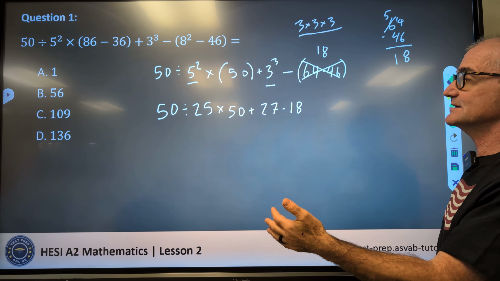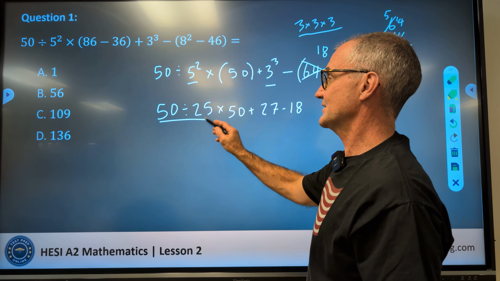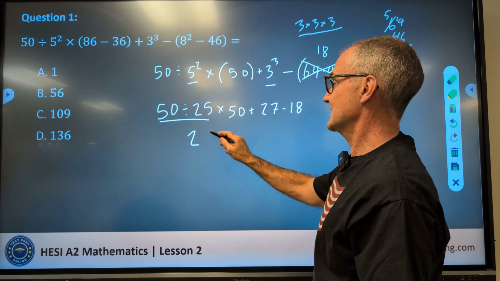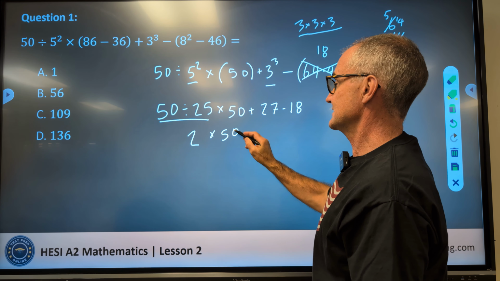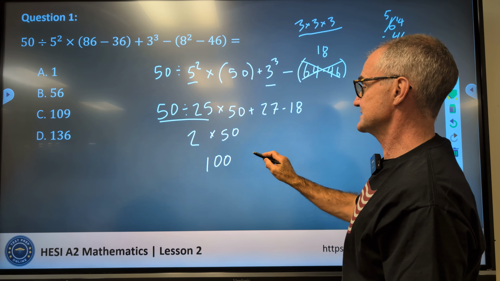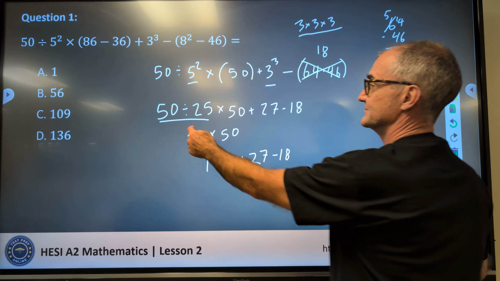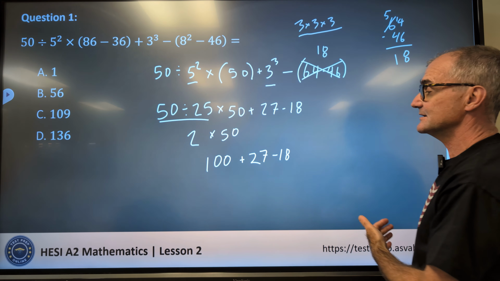Now I do multiplication and division from left to right. 50 divided by 25 is 2, times 50 is 100, plus 27 minus 18. So I've done all the divisions, multiplications from left to right.